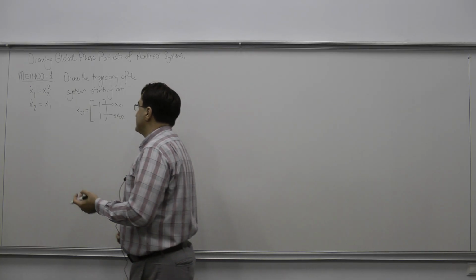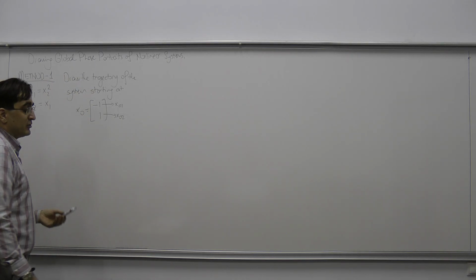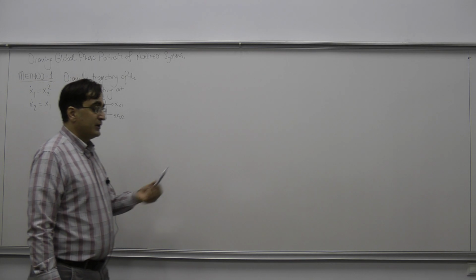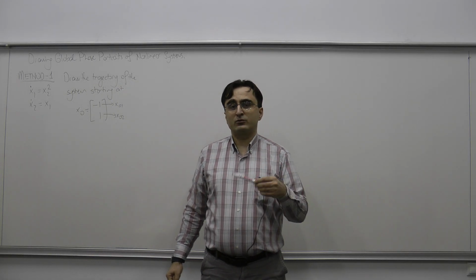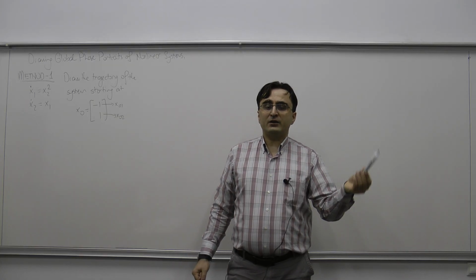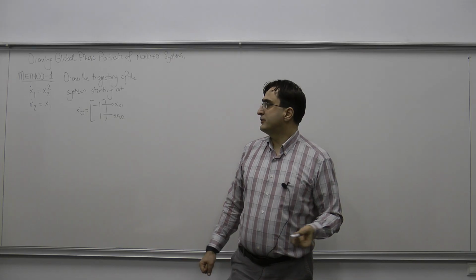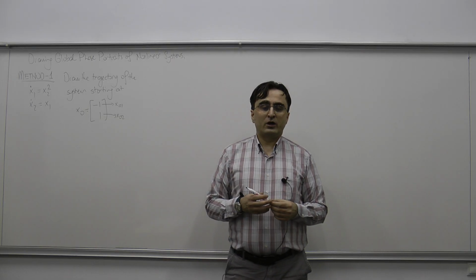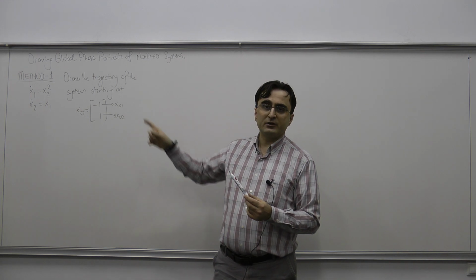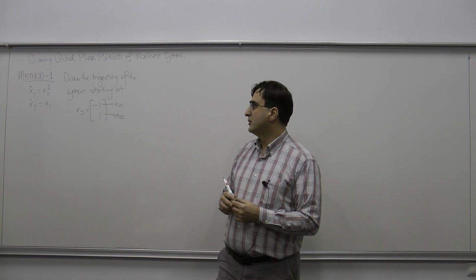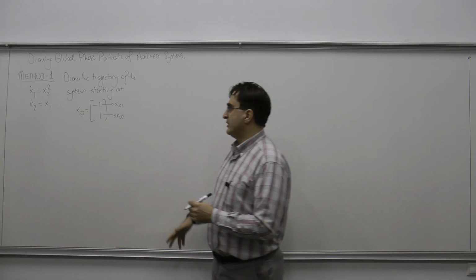The first thing that we are going to do is eliminate time. Remember, a phase portrait is nothing but the drawing of the state variables with respect to each other. If I can find x2 in terms of x1, that gives me a trajectory, and in order to obtain a phase-plane trajectory, I need to cancel the variable time from those equations. Canceling time is actually quite easy here.